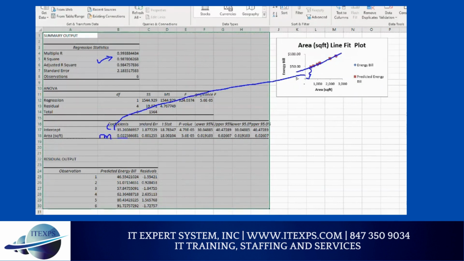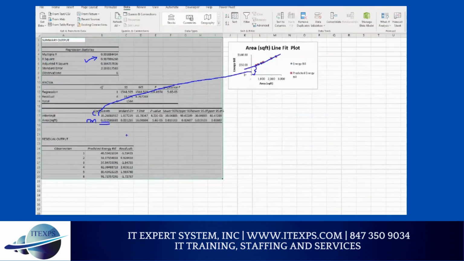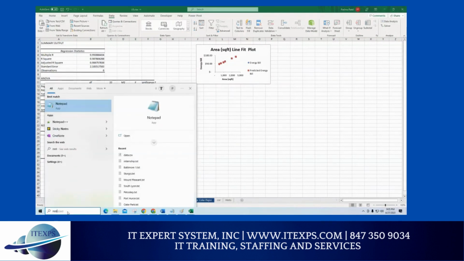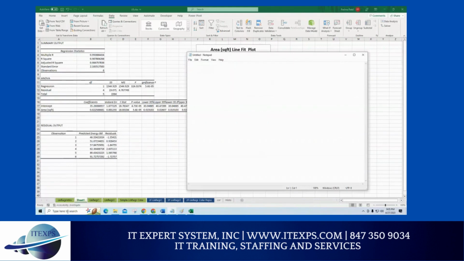So now I have the proper values C and M. Let's write it down. My C value is 35.26. Sorry, my mistake. C value is 35.26.